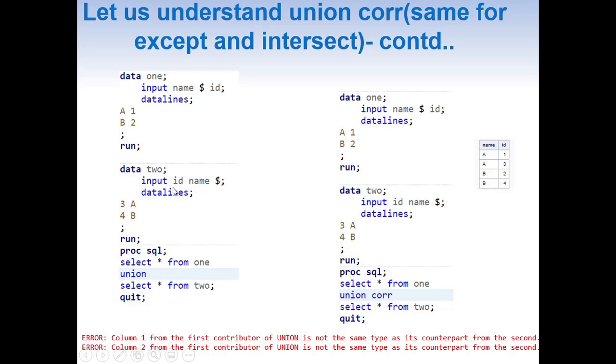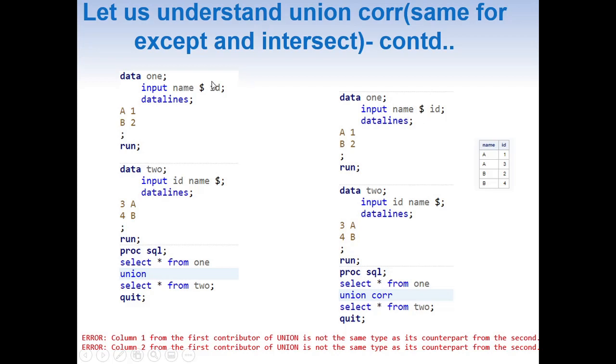If you see, the variable names match, but the positions do not match, and if we are going to do a simple select star from one union select star from two, it is going to fail, and it is going to say that the data types are not matching.